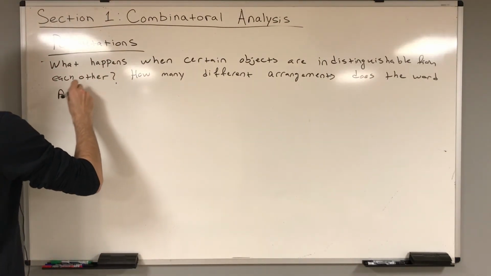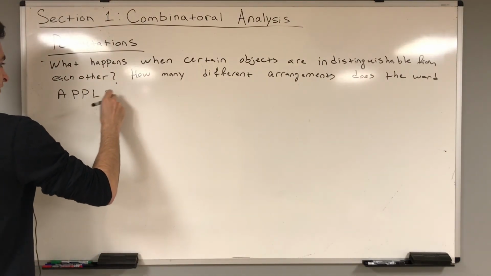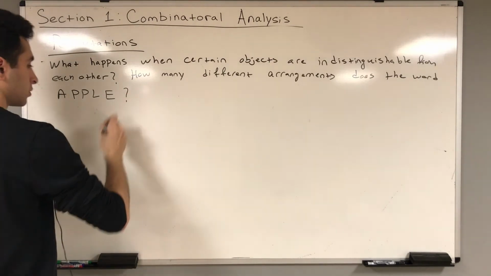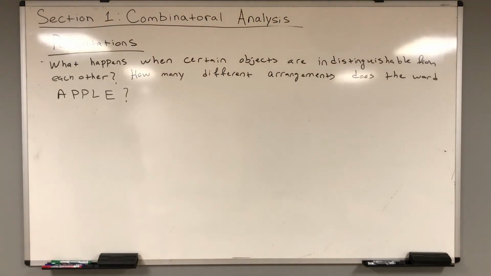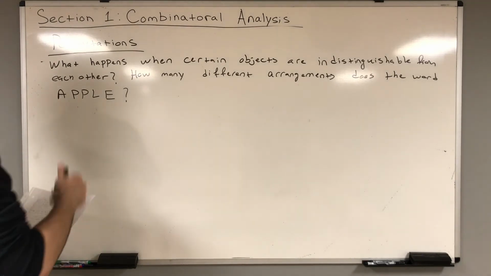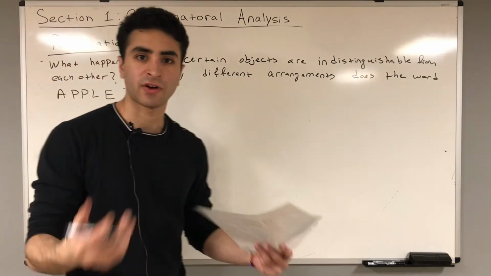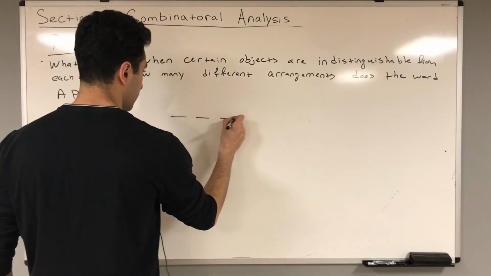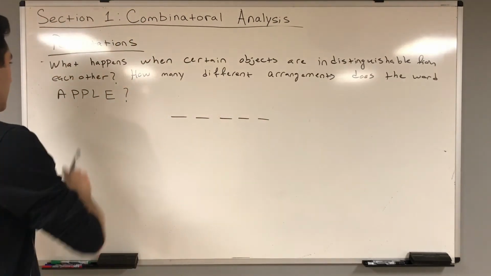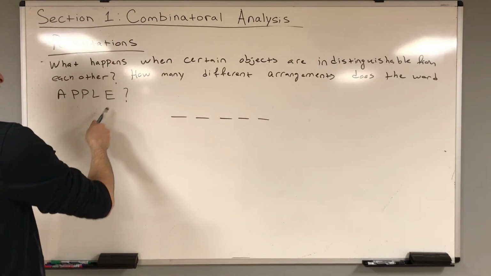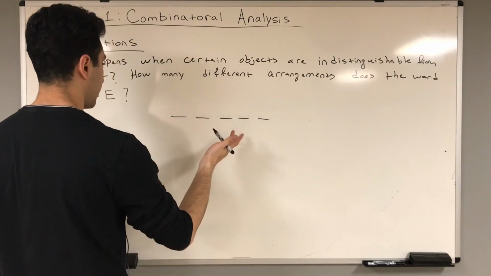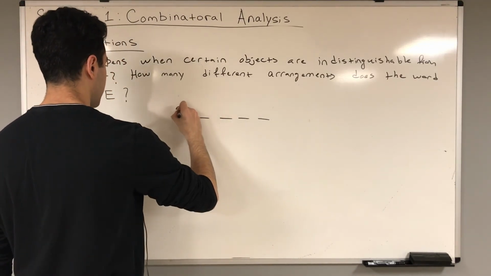So think of apple like this, where it has 5 objects. The objects are A, P, P, L, and E. Well, if we went in this blindly and we just follow what we know, we have 5 slots, right? 1, 2, 3, 4, 5. Because apple has 5 objects. Once I choose a letter in my first place, I have 5 different choices for that.